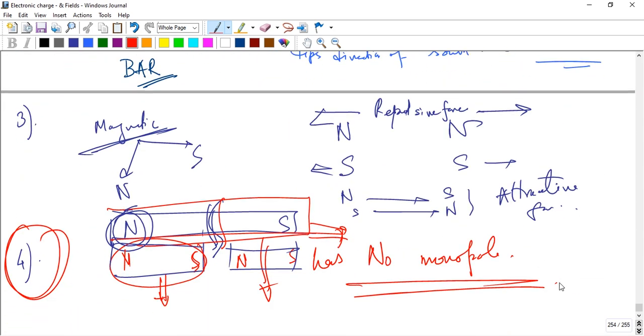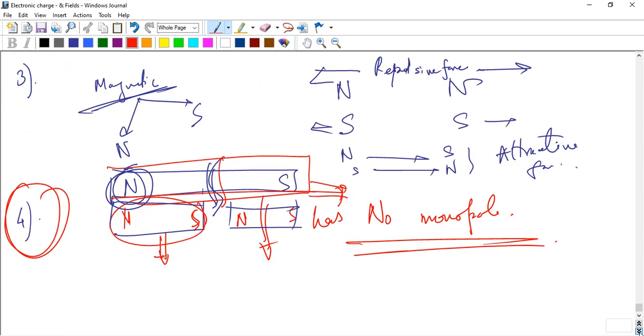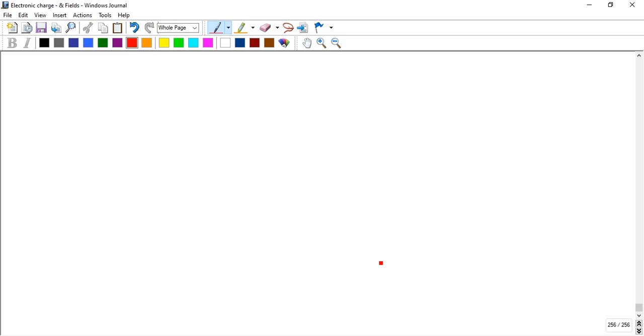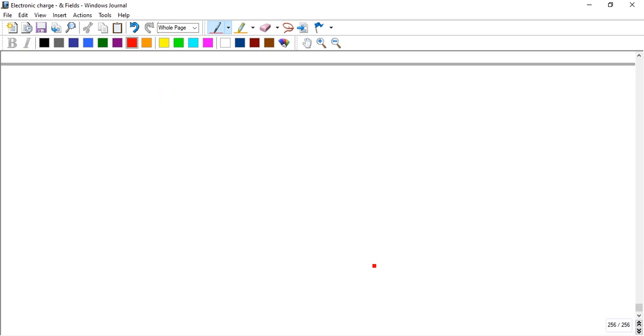Next we discuss magnetic field lines, an important concept. If there is a magnet, there is a field, and obviously there are lines, and these are called magnetic field lines.